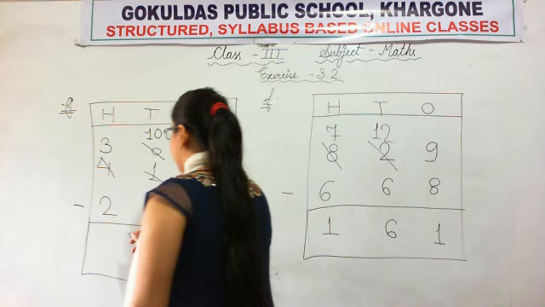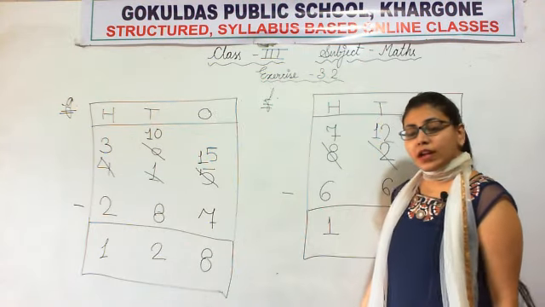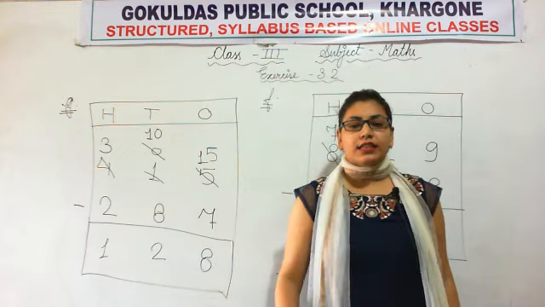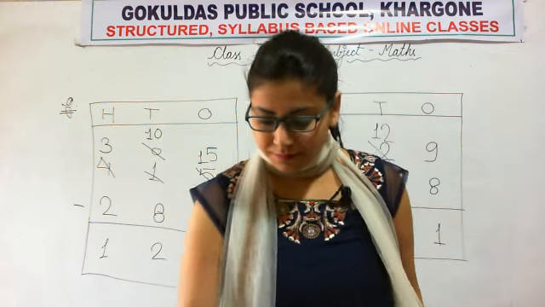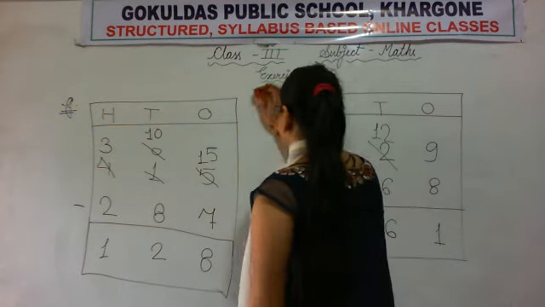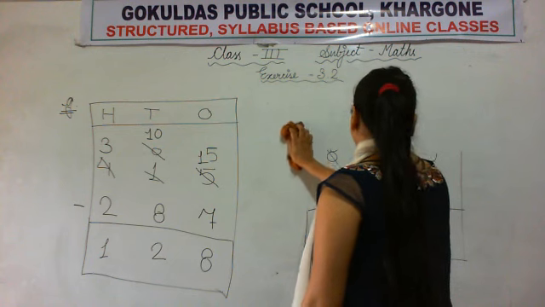So we will write the number 1. So 415 minus 287 is equal to 128. So our answer or the difference is 128. Moving towards next part, that is part H.